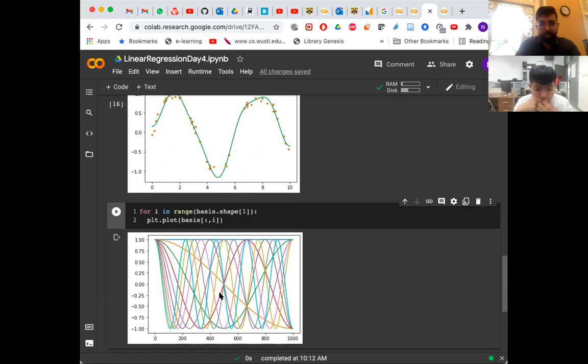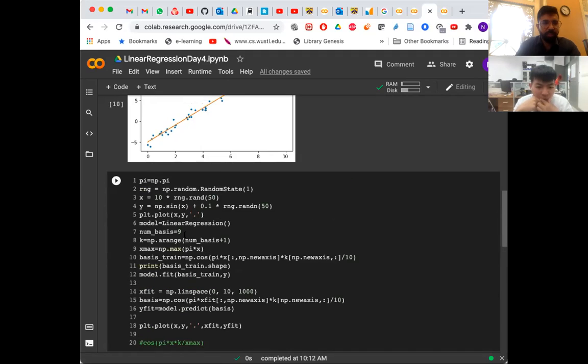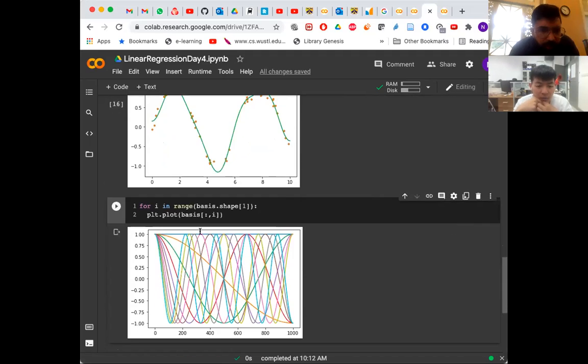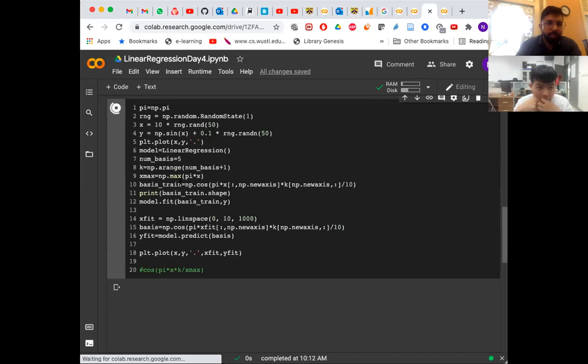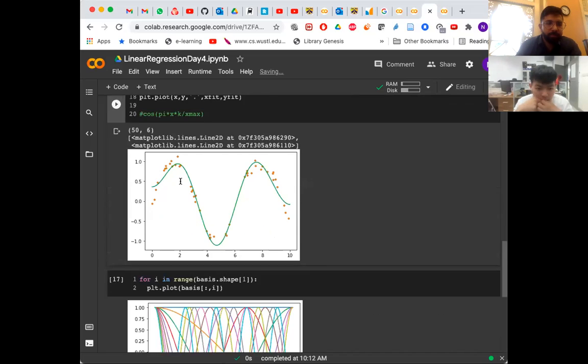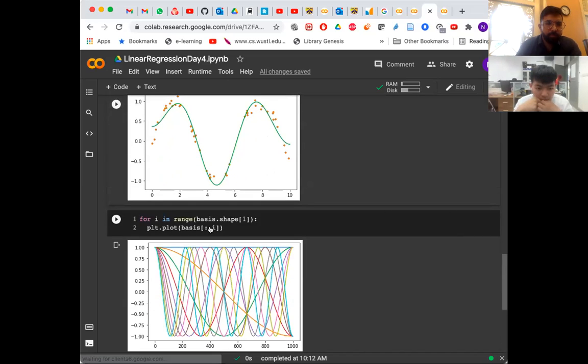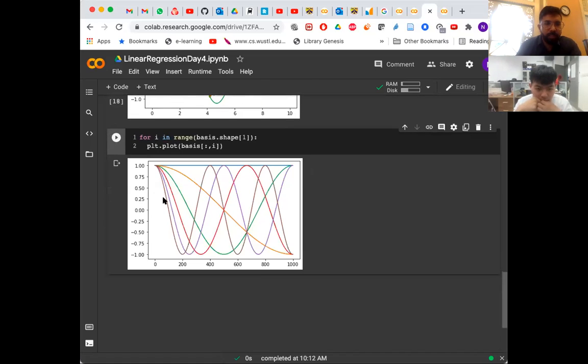So these are the bases. You can see that it's too large. Let's make it 5 so that we can see them well. You can see these are the bases.